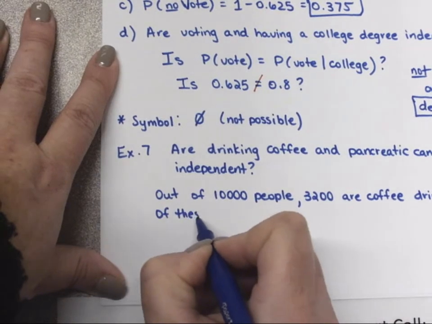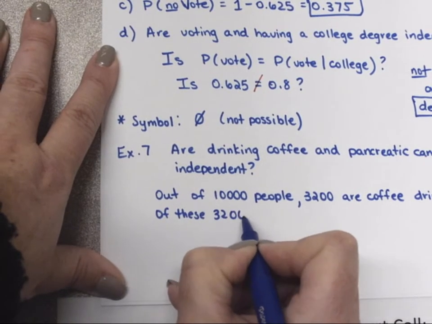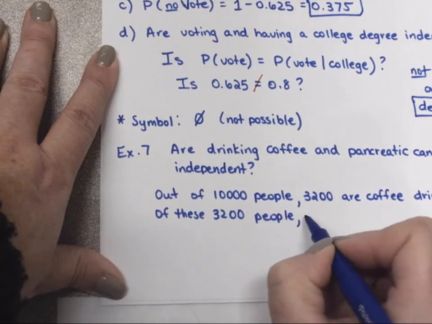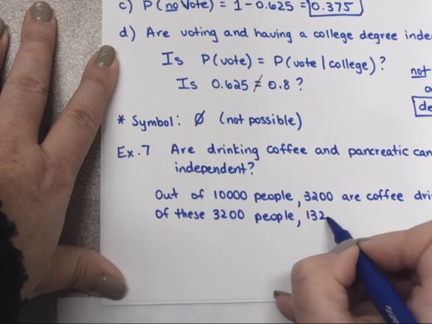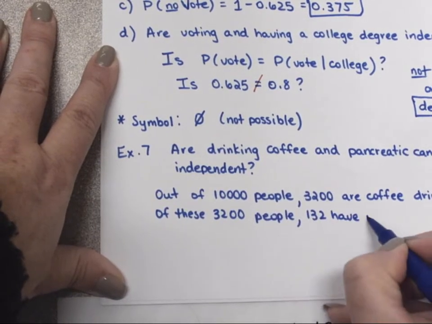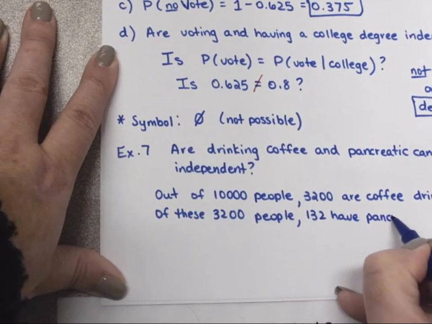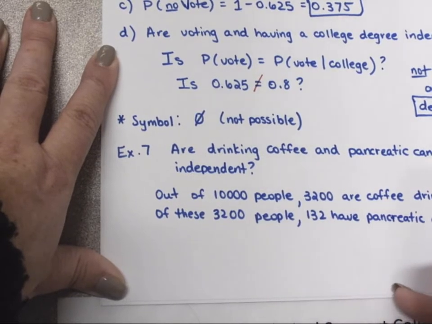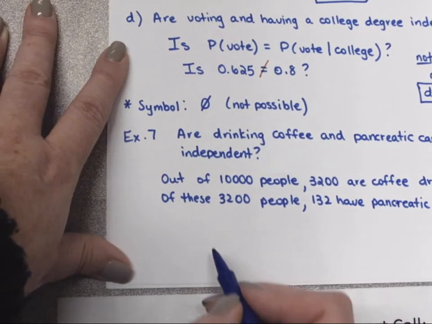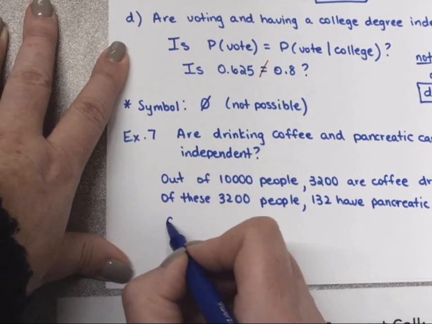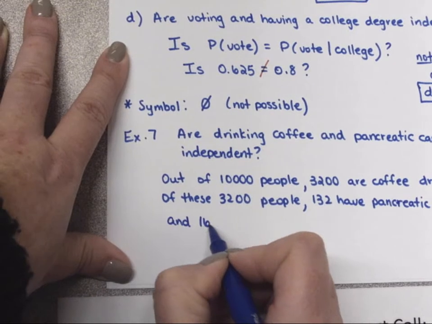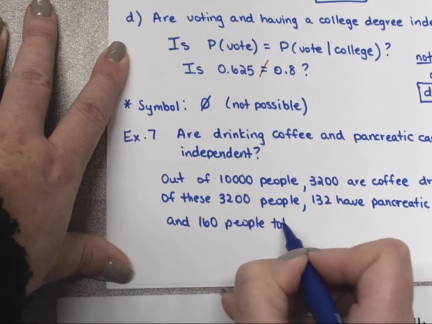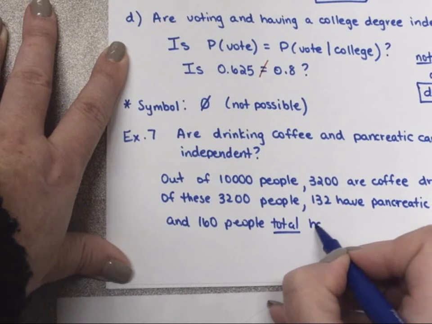And then of these 3,200 people, 132 have pancreatic cancer. And then let's say 160 people total have pancreatic cancer.